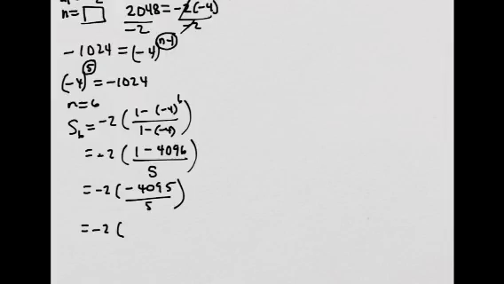Negative 4 to the 6th power is 4096. Then I subtracted that from 1, and I got negative 4095. Now you divide it by 5, and that gives you negative 819. And so times negative 2 gives you positive 1638. And that's the sum for that series.